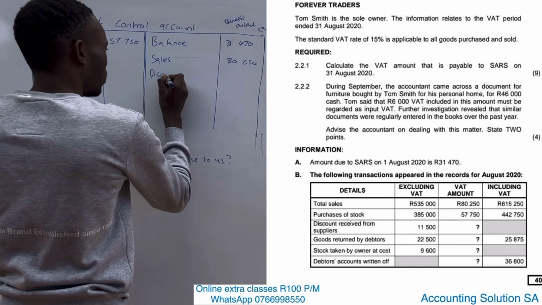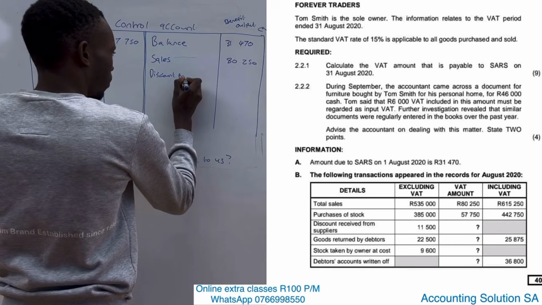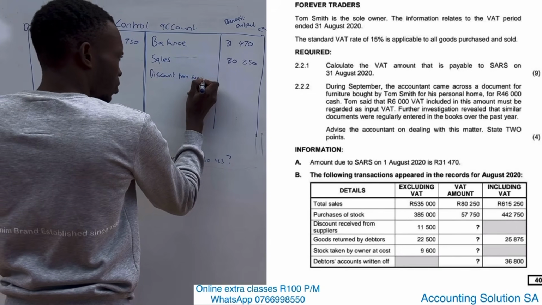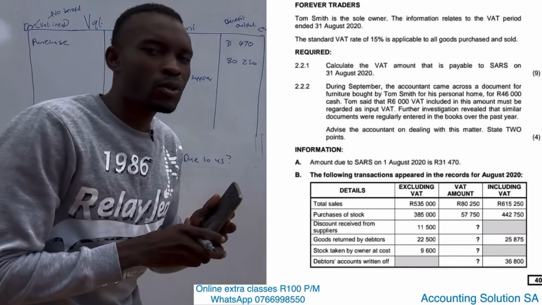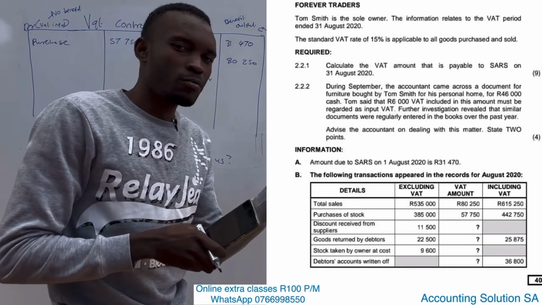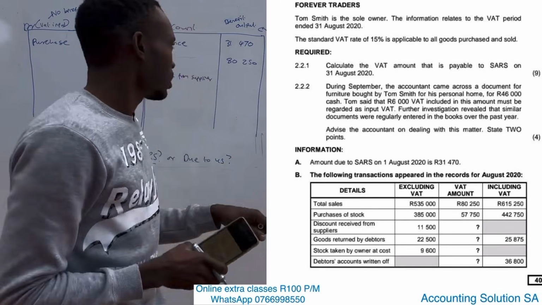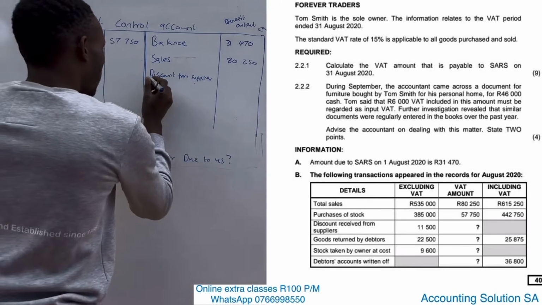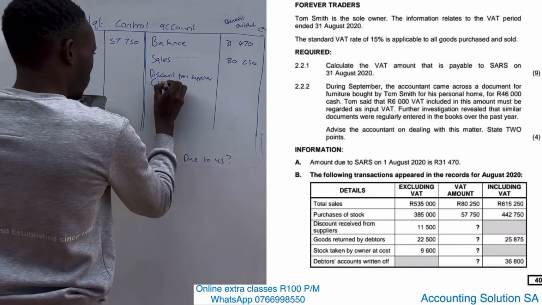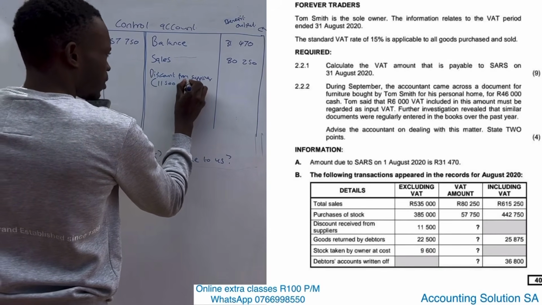Discount from supplier. It's not every discount that is regarded as a benefit. Discount given to a customer, we didn't benefit because the customer didn't pay us. It's going to be input. Okay, then we have an amount of 11,500, which we must calculate first.